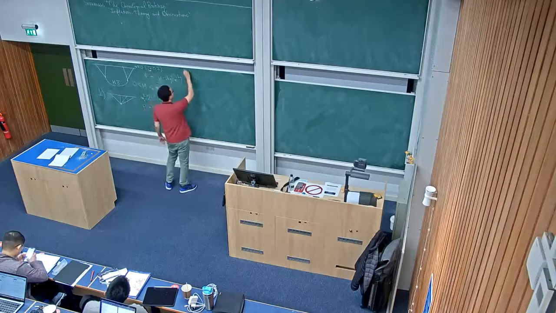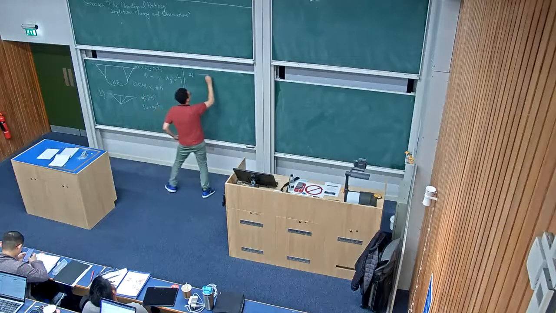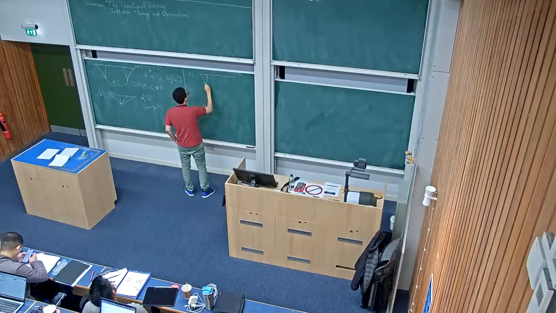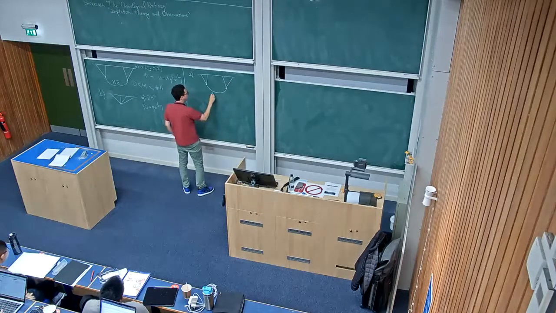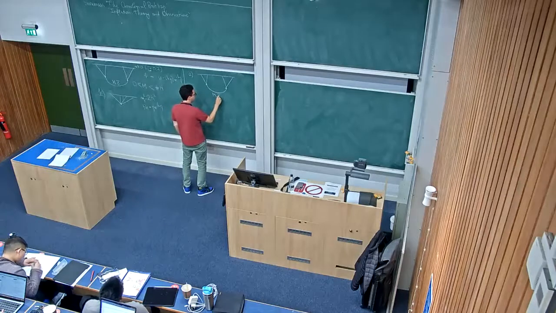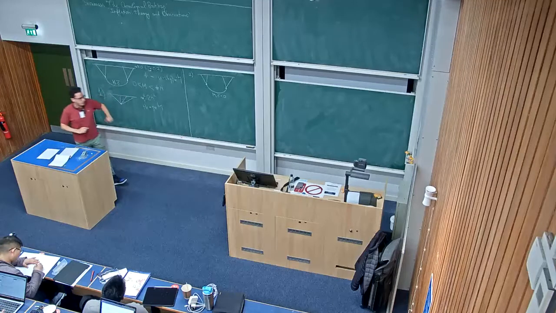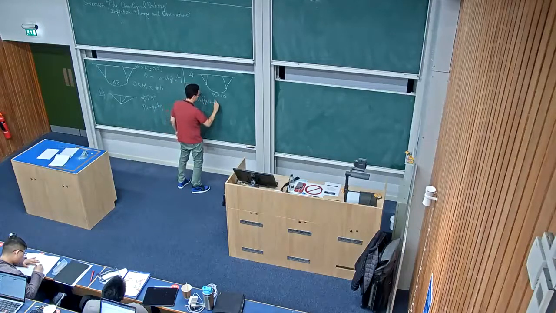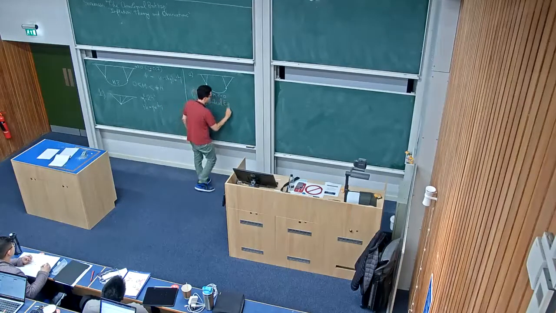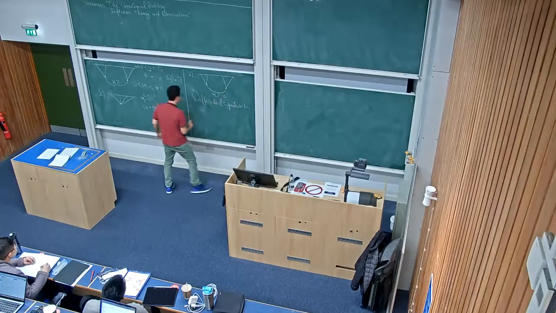Then second, we're going to look at scalar exchange, so m and j equals 0. And this will satisfy a differential equation in the boundary momenta.